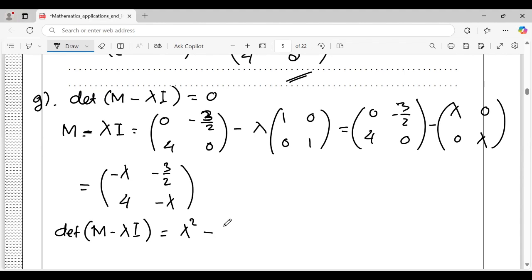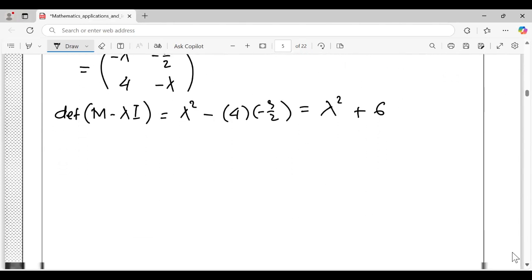And it is 4, lambda squared plus 6 here. So this is the determinant of M minus lambda I: lambda squared plus 6.